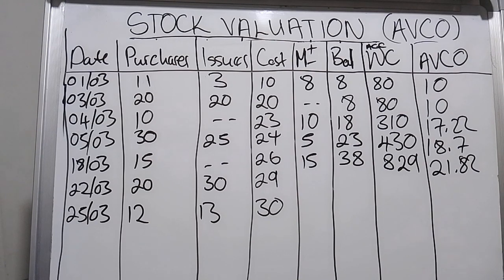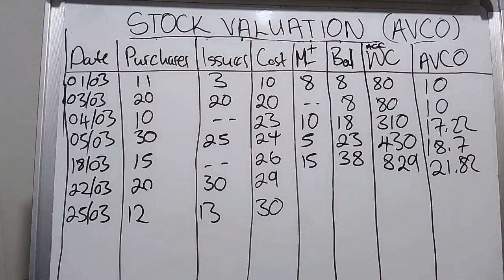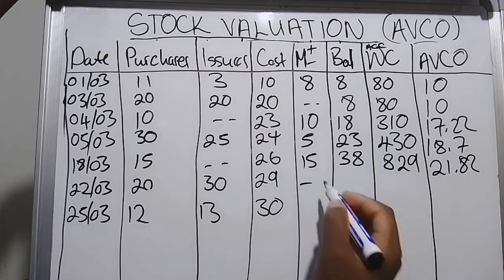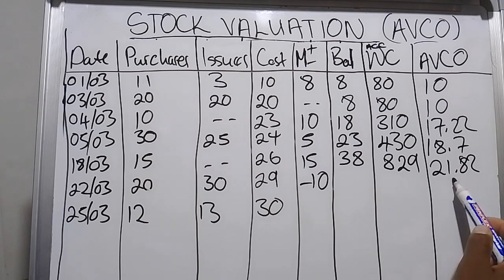Now we move to the 22nd of March. We purchased 20 items, then we sold 30 items. It means there was a negative movement of 10 items. Like we said, a negative movement of items does not have an impact on the average cost.